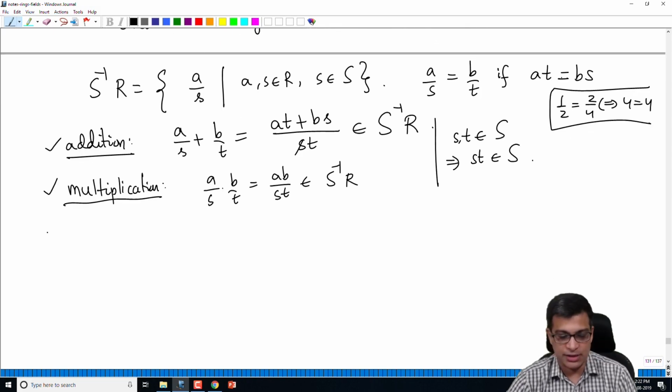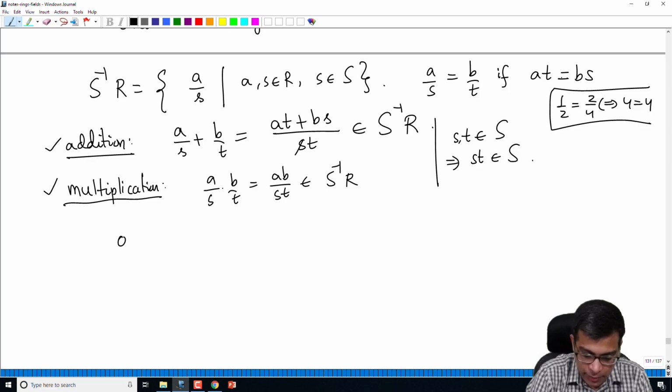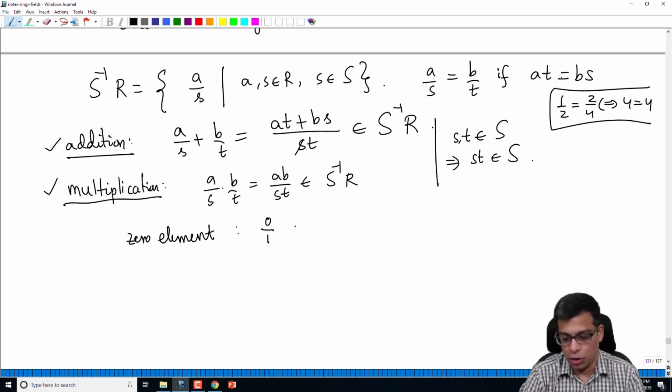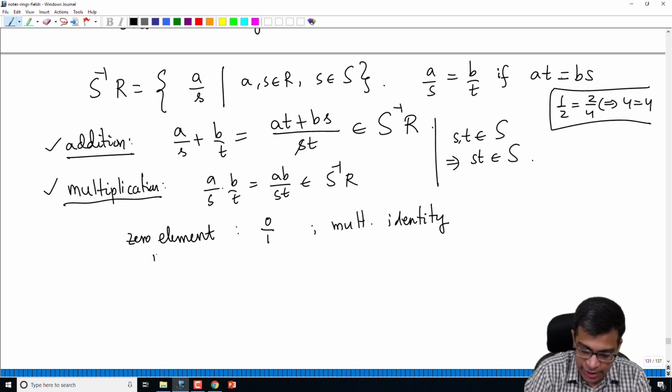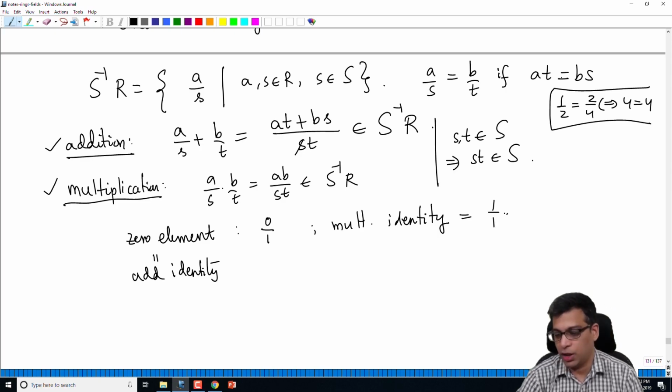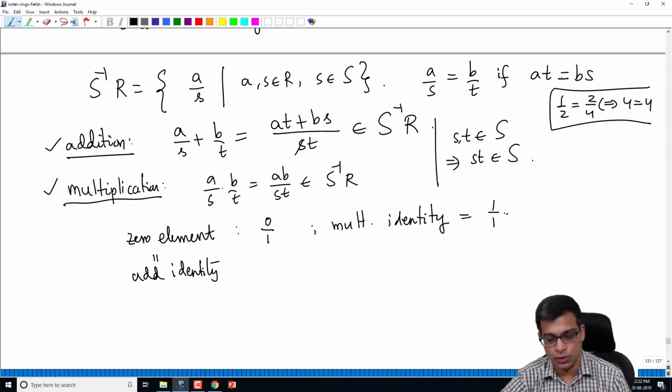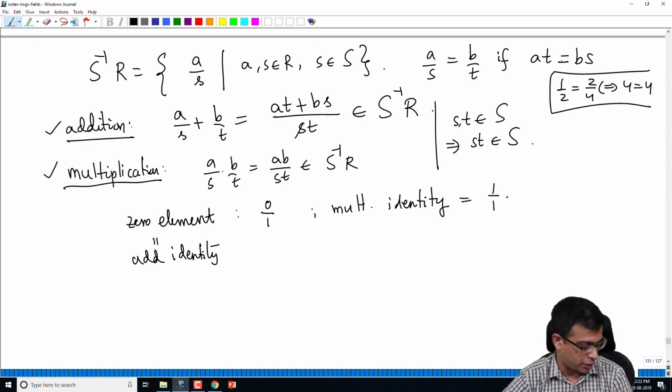One can check that this has all the required properties. The 0 element, remember, is the additive identity, and it is 0 by 1 or 0 by any other element. The multiplicative identity is just 1 by 1. 1 is in S, remember, so we can put 1 in the denominator.